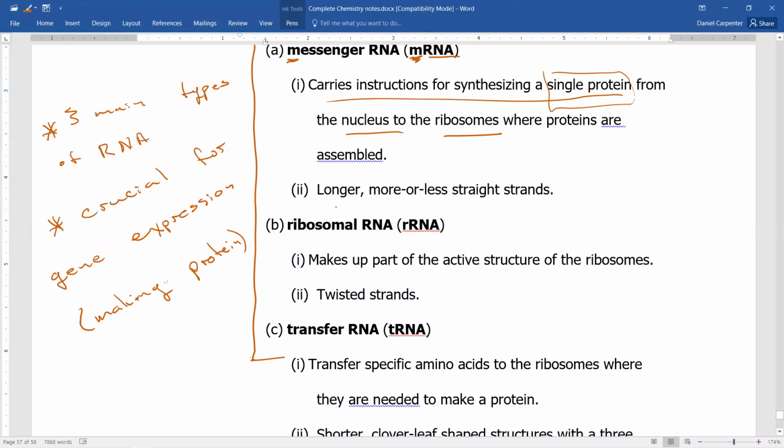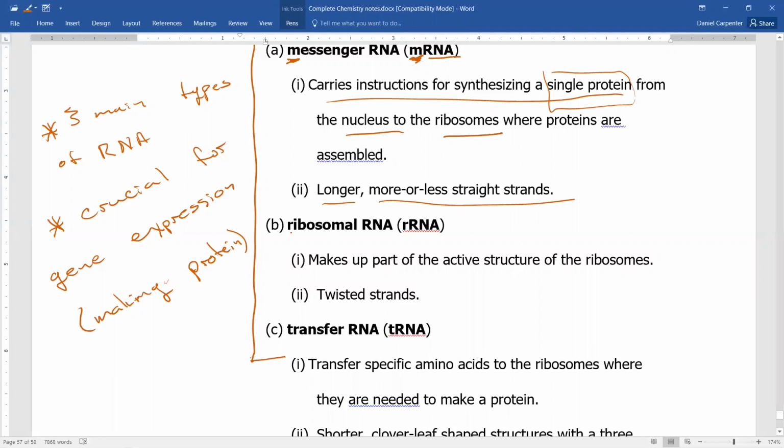And messenger RNA, its structure, they are longer and they are more or less straight strands. They don't have any special folding or anything. They carry instructions from the nucleus to the ribosomes.